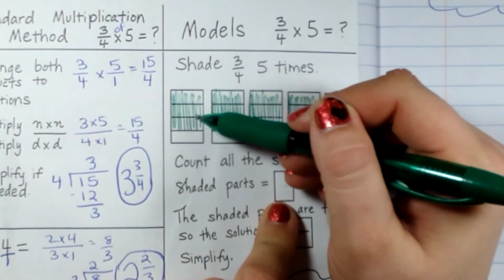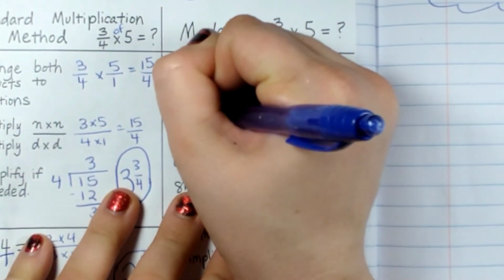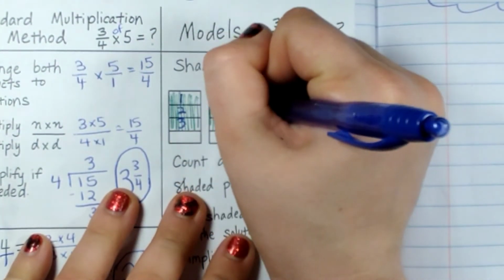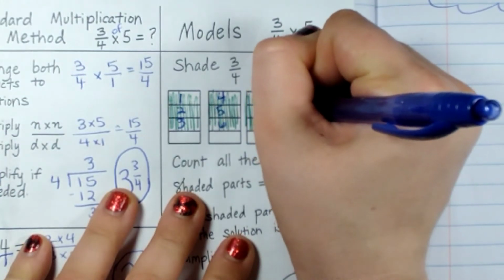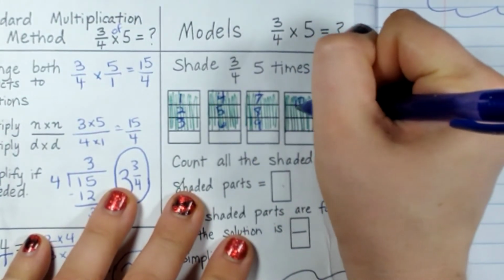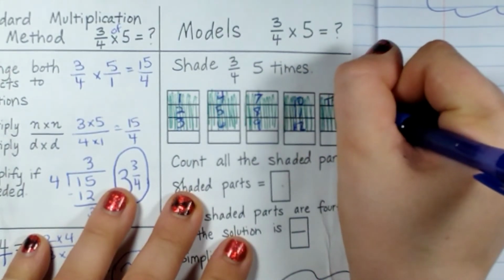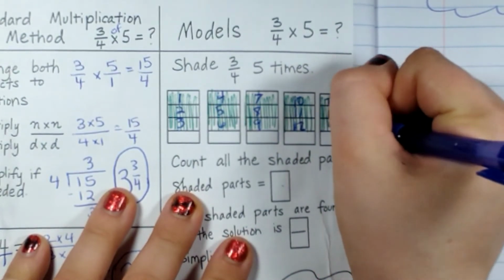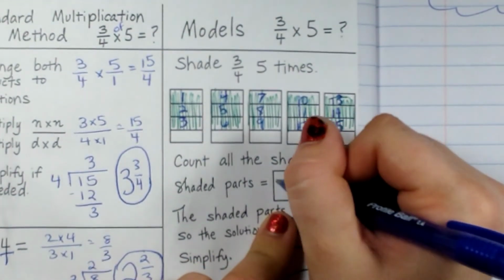We have 1, 2, 3, 4, 5, 6, 7, 8, 9, 10, 11, 12, 13, 14, 15. I have 15 shaded parts.